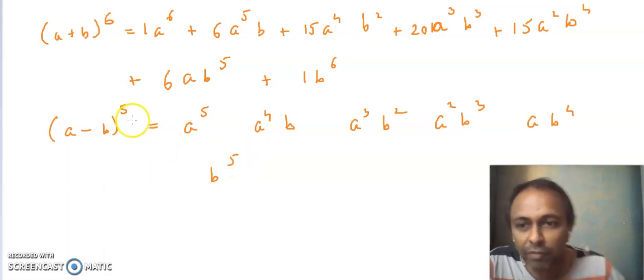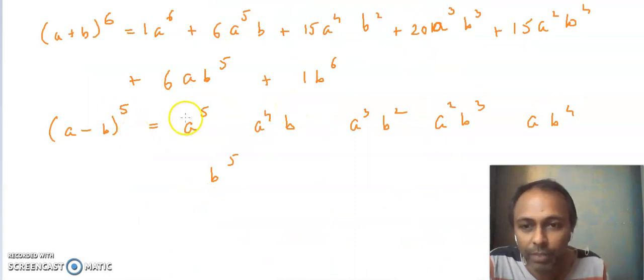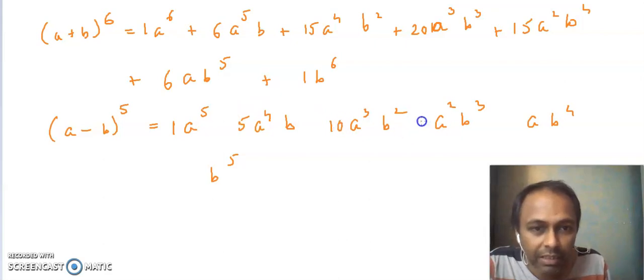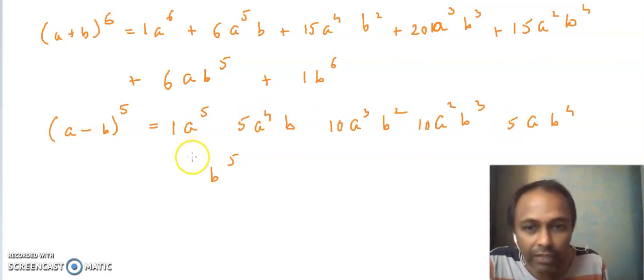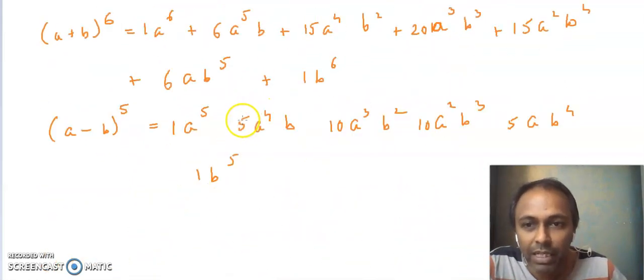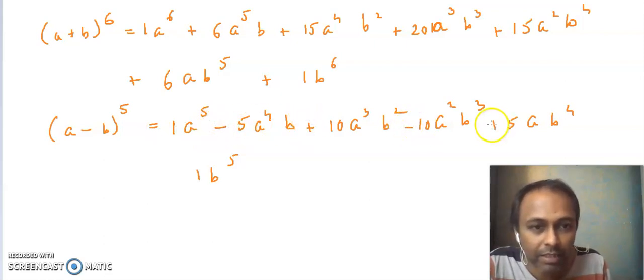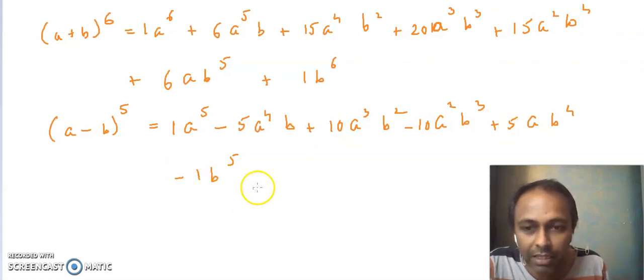The coefficients in the fifth degree were 1, 5, 10, 10, 5, 1. So your answer will be 1, 5, 10, 10, 5, and 1. And because the sign in between is minus, write alternate plus and then minus. So the first term is plus, the next minus, then again a plus, a minus, a positive sign, and a negative sign. I hope you have understood this.